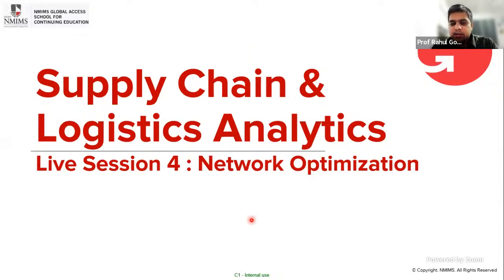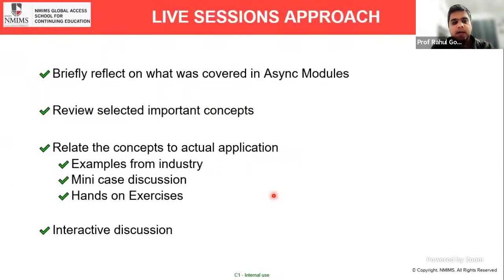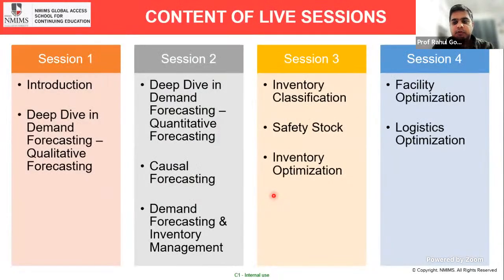So today is our live session 4, and we are going to discuss network optimization in this lecture. Hi Shubhendu, good evening. Let's quickly look at the agenda of today's session. By this time you would be familiar with the content we are trying to cover.